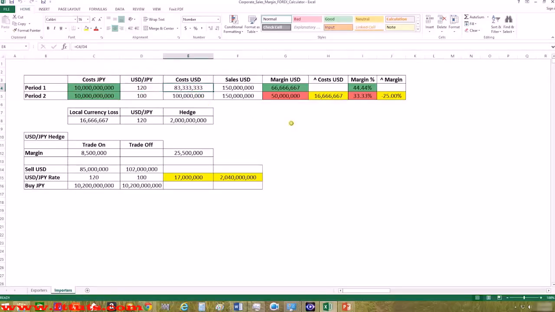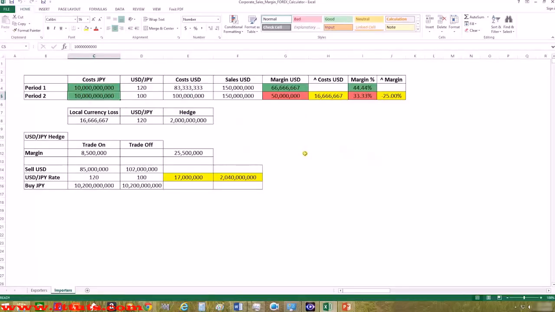Therefore, their costs in local terms in US dollars, when we translate back, is 83.3 million US dollars. Now let's make the assumption that sales across the two periods stay constant. In period 1, sales of $150 million mean that on these business dynamics, the margin of Megacom is 66.6 million US dollars. And when we work that out in percentage terms, that comes to about 45%.